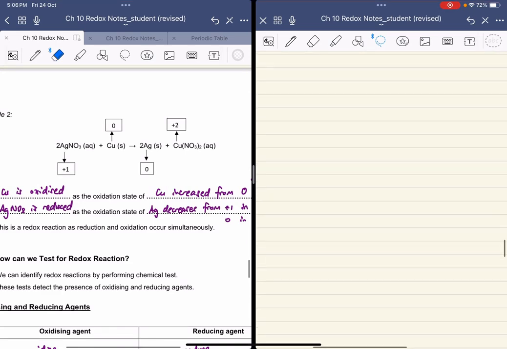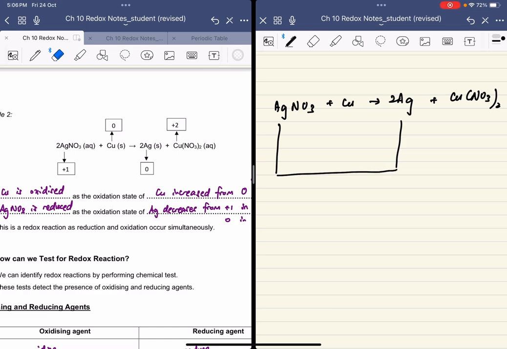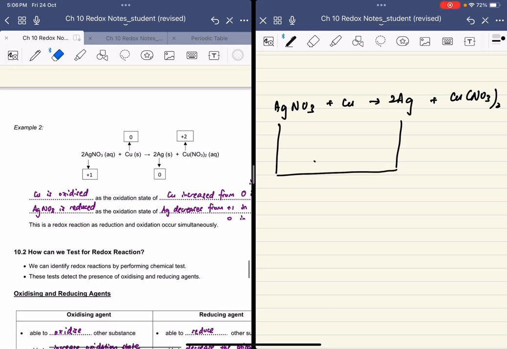Now we got silver nitrate plus copper, giving 2 silver plus copper nitrate. Silver to silver, this one is a reduction. Okay? Then this one itself is an oxidizing agent. That means it oxidizes the other party.